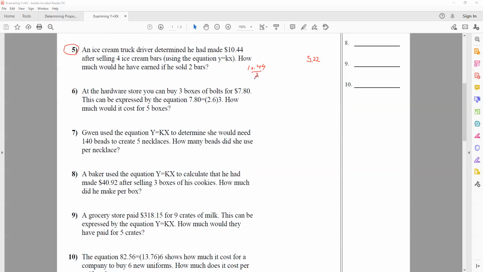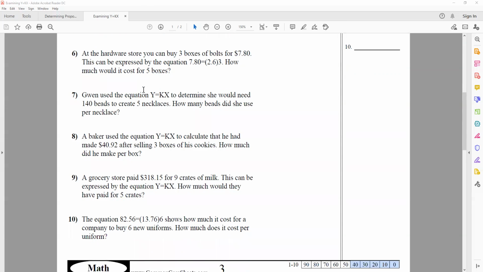Now, that's correct, but supposedly you want to find how many for 1 first. So you divide by 4 and then times 2. But it's fine. You did the shortcut. You want to continue? Because I think you get this. So let's do 6.